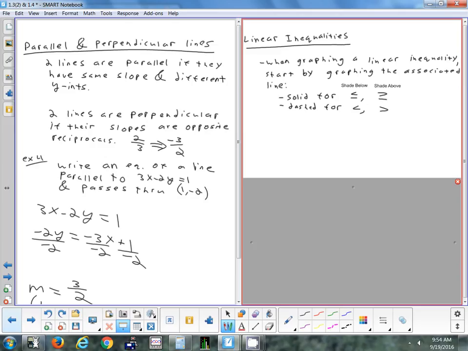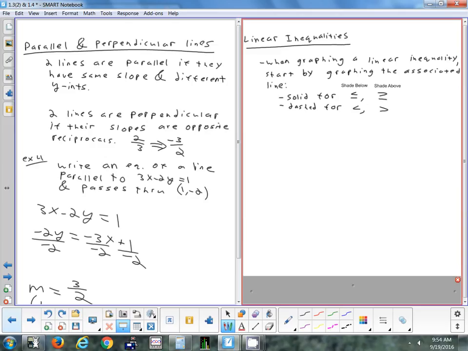And when you draw your line it can either be a solid line or a dotted line. Well, if you ever see the symbol less than or equal to or greater than or equal to, you use a solid line. If you see the symbol less than or greater than, you use a dotted line.